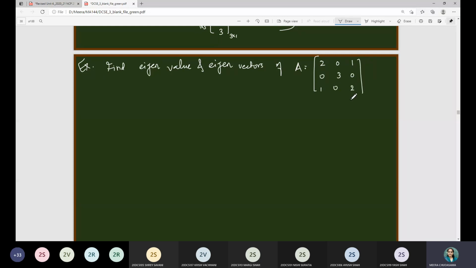Quickly find out its characteristic equation and confirm the eigenvalues.